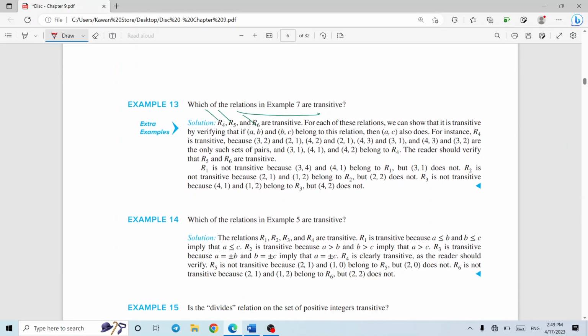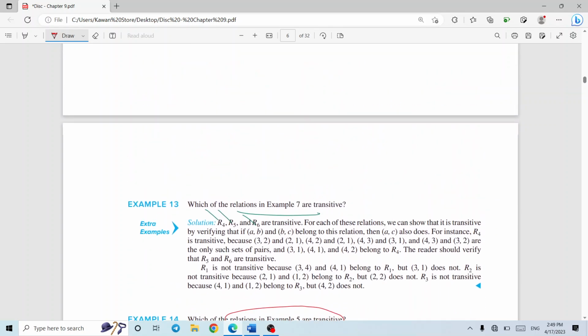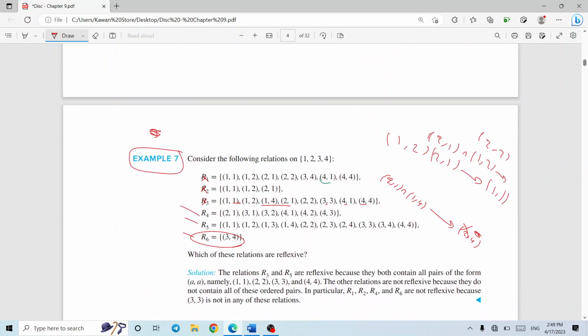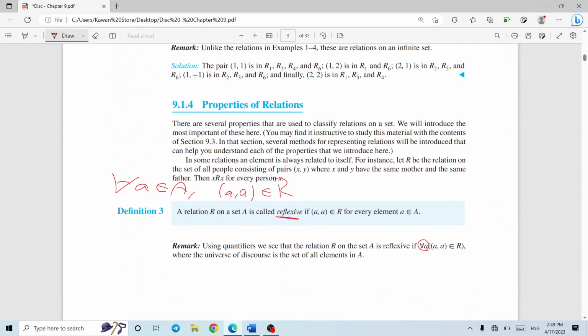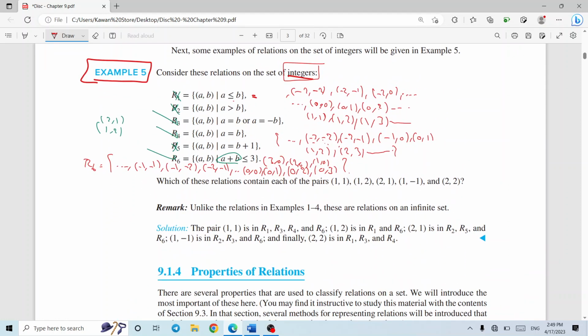Yes. Example 5. For transitive. Guess what?